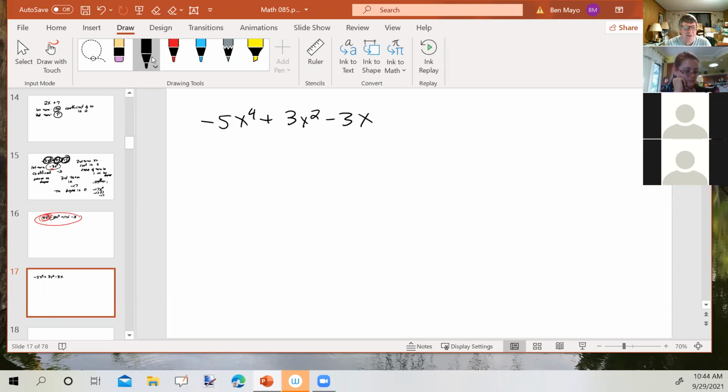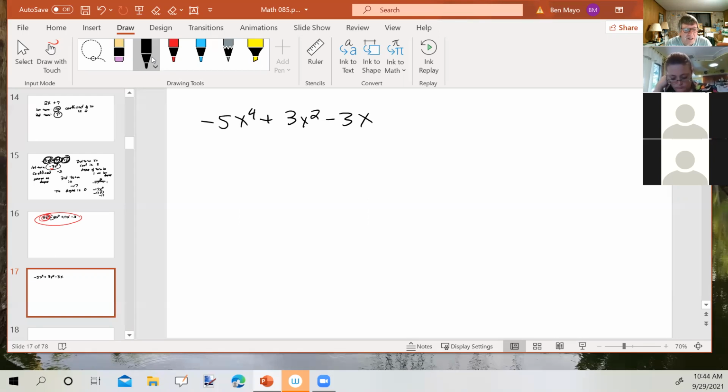The second term is 3x squared. The coefficient is a 3. The degree of the term is 2, or second degree, because there is an exponent of a 2 on the variable. The third term is negative 3x. The coefficient is negative 3, and the degree of the term is 1, or it's a first degree term.